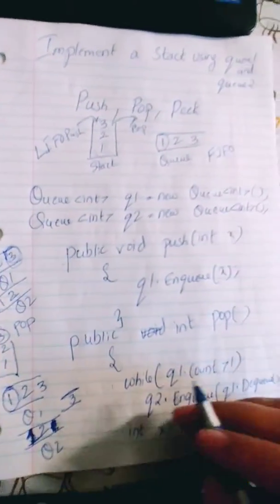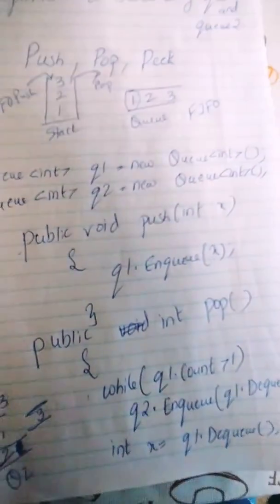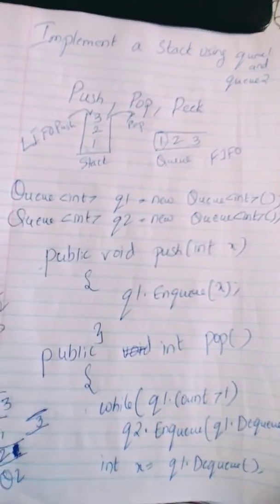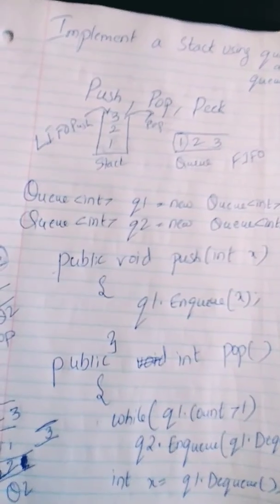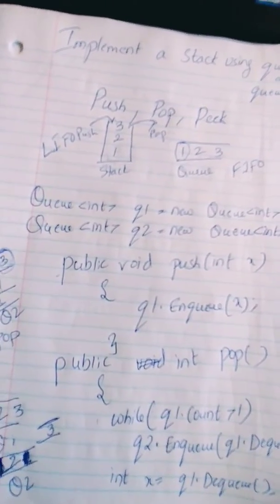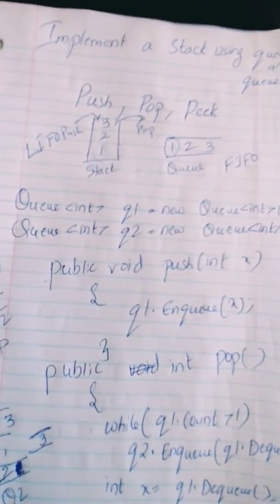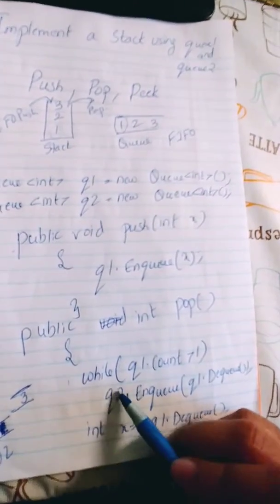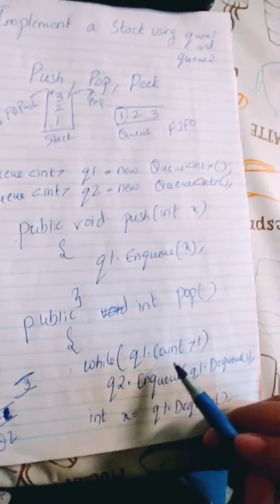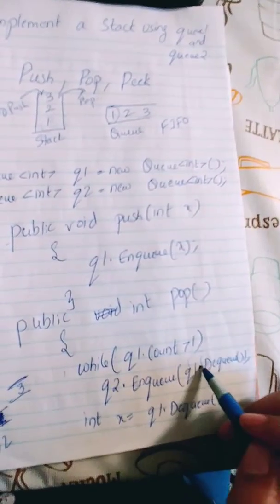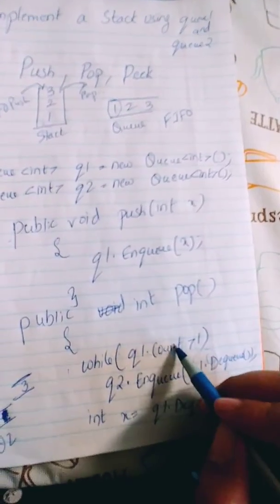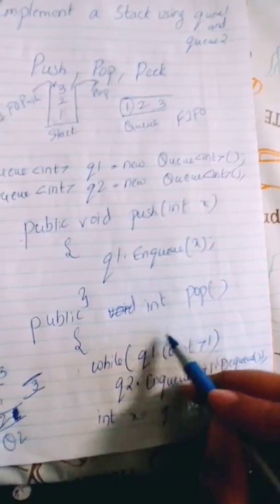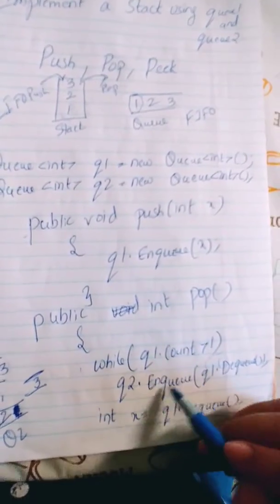For this, the code would be: while Q1 dot count is greater than 1, we dequeue the elements from Q1 and enqueue them into Q2. Until the last element, we enqueue everything.